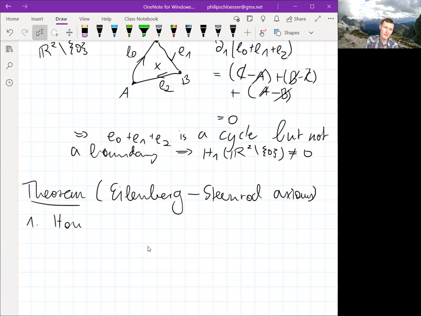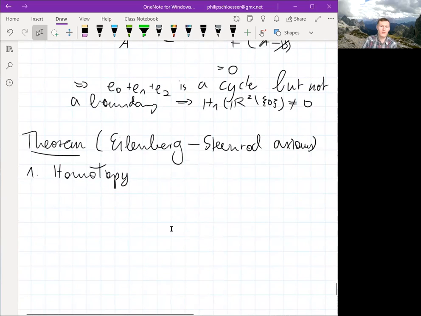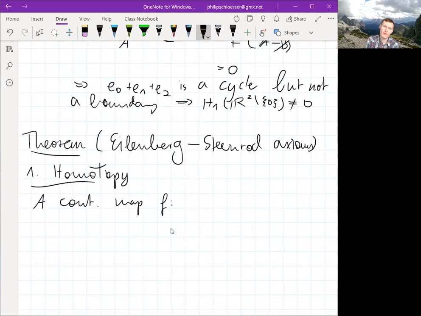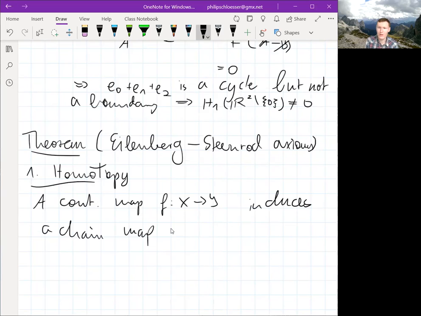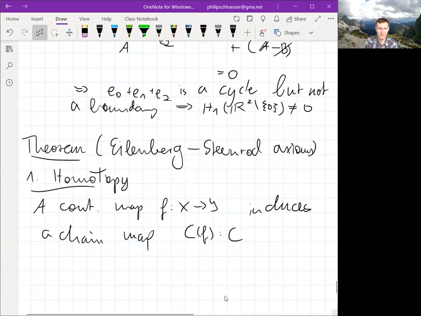First, homotopy. It says the following. If we have a continuous map f between two topological spaces, that one induces a chain map C f between the singular complexes of those two topological spaces.